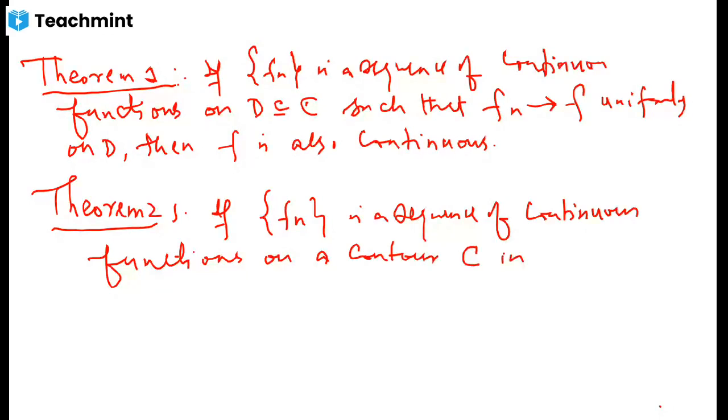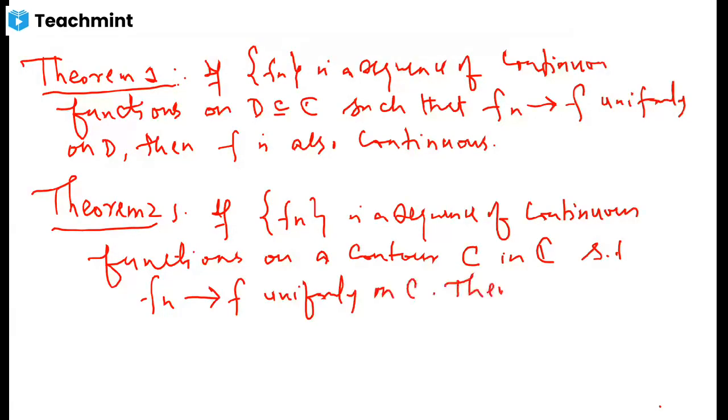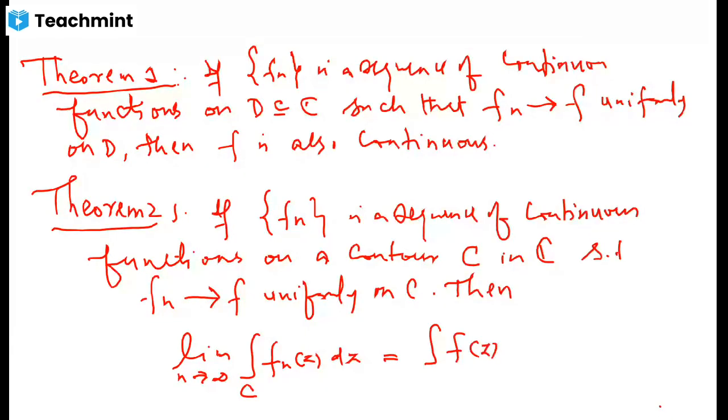So f_n is defined on C such that this sequence converges to function f uniformly on C. Then it says that the limit as n tends to infinity of the integral of each term of the sequence is equal to the integral of the limit function of the sequence.